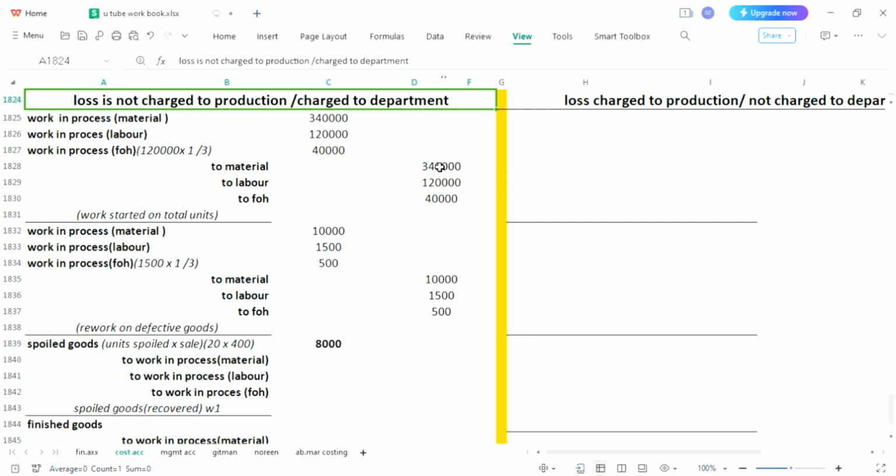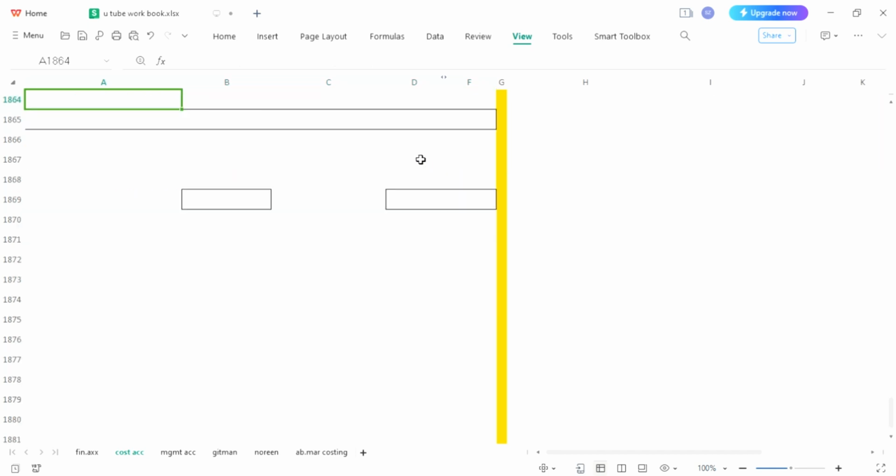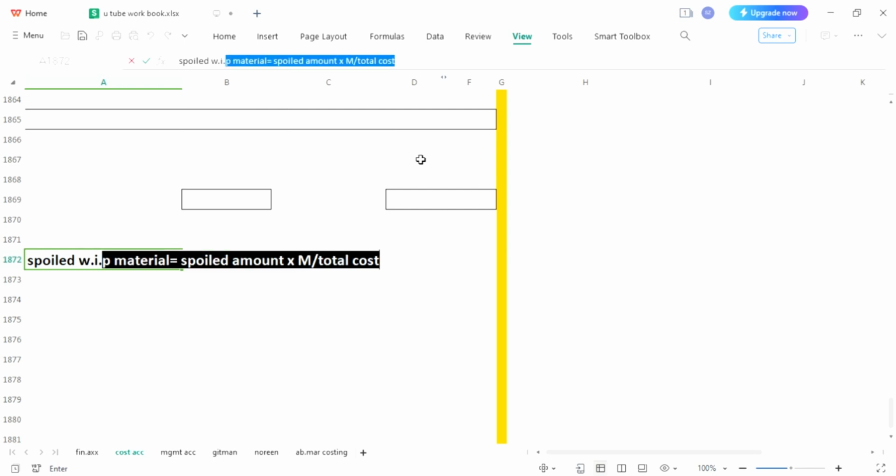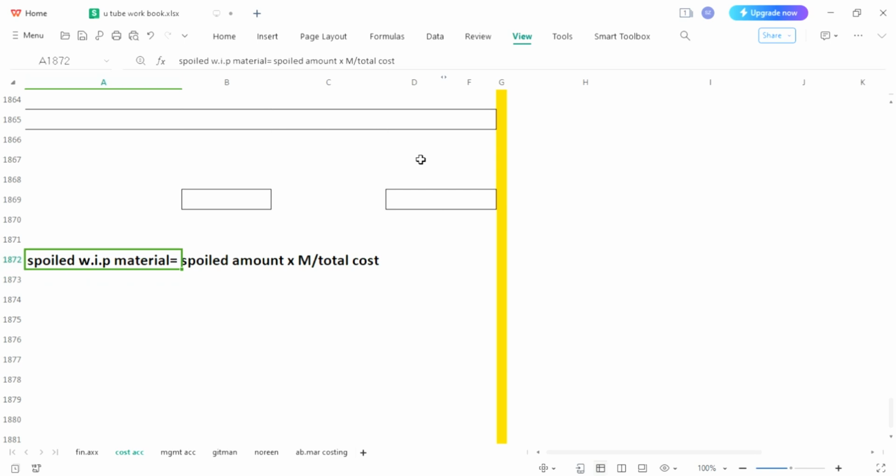So first step is to take sum of these three amounts. For that we will go downward and we need to calculate spoiled work in process material. For that formula is already present right here.